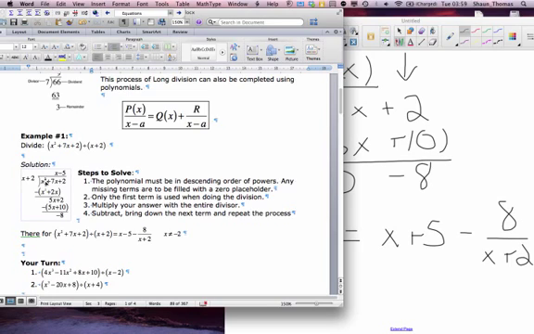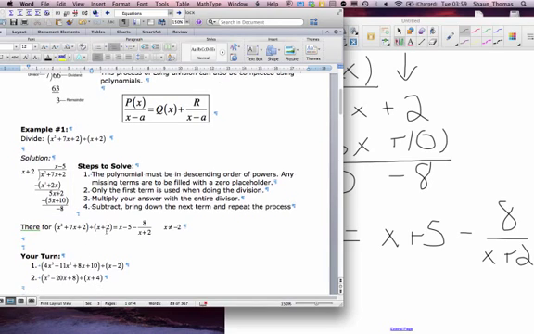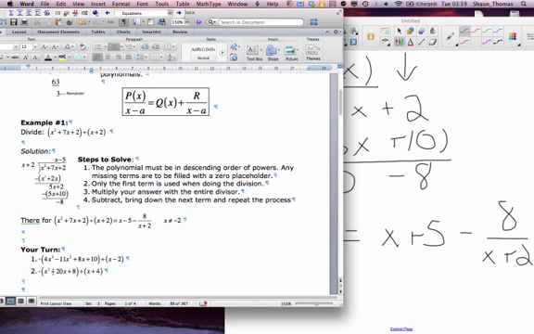So again, if we look at this x squared plus 7x plus 2, each term is in a descending power. First the power is 2, then the power is 1, then the power is 0. Any missing terms are to be filled in with a 0 placeholder. If I didn't have an exponent, for example, let's say like we have in this your turn question down here, question number 2, when I do that term, I'm going to have to put in a 0 x squared.